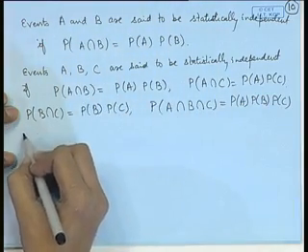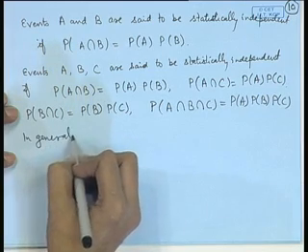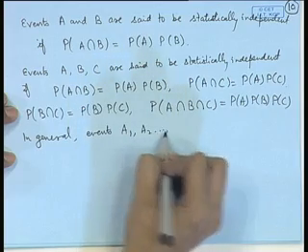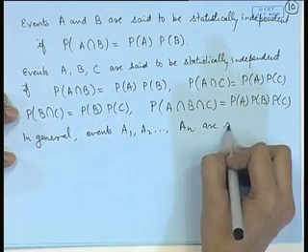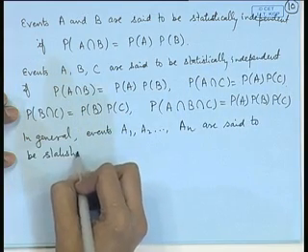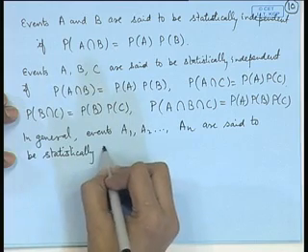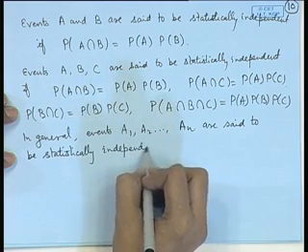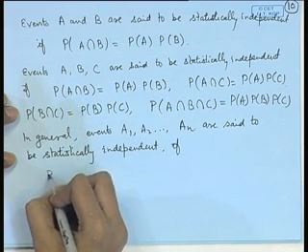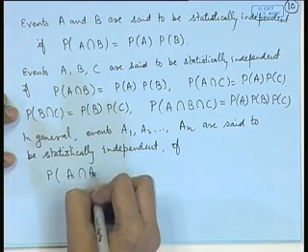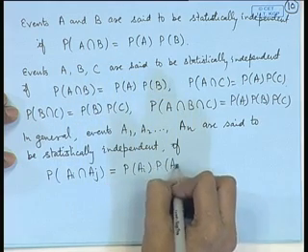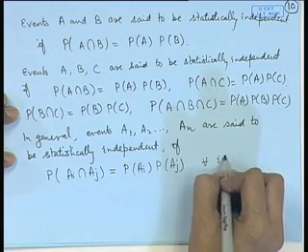In general, then, if we have events say A1, A2, ..., An, then they are said to be statistically independent if probability of Ai intersection Aj is equal to probability of Ai into probability of Aj for all i not equal to j.